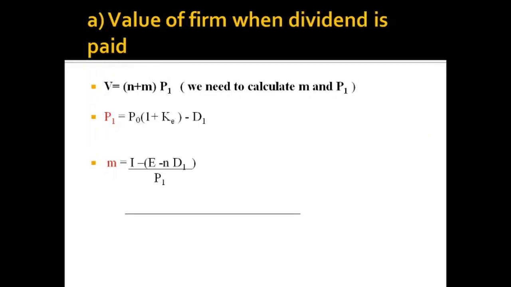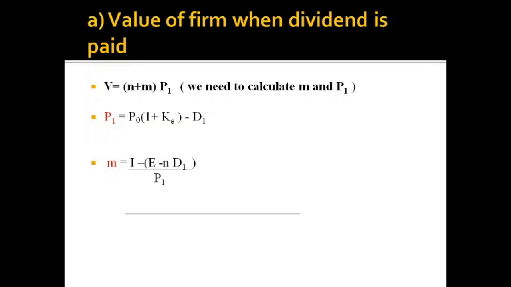So we can move on to the first part, that means the value of the firm when dividend is paid, that means dividend of rupees 5 is paid. So we know that the value equation is V = (N + M) into P1. All other data are given. We need to calculate M and P1 because N is already given in the question, that is 15,000.